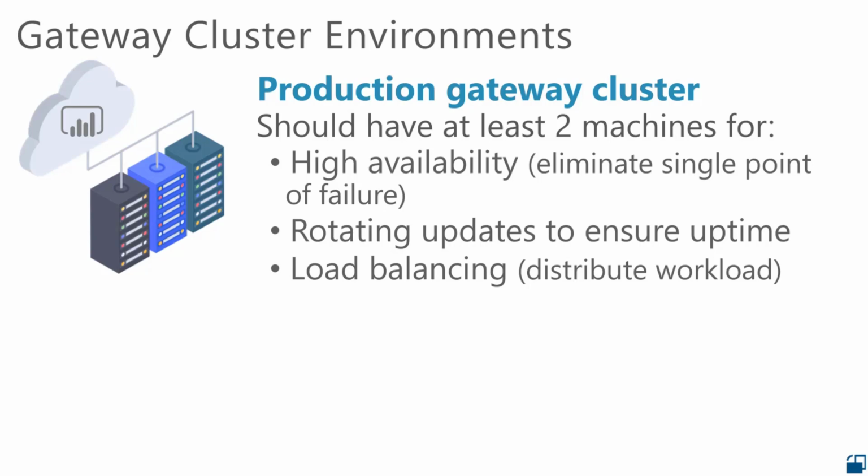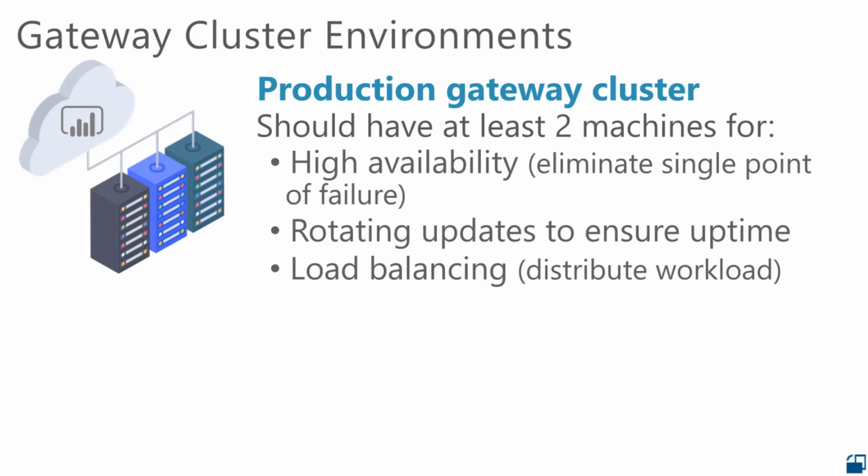So gateway clusters, I propose that your production gateway cluster always has at least 2 machines for these reasons: high availability, and by that we mean you don't have a single point of failure. You know, one machine croaks, the other machine can take over the load.